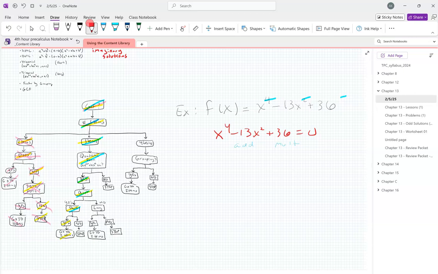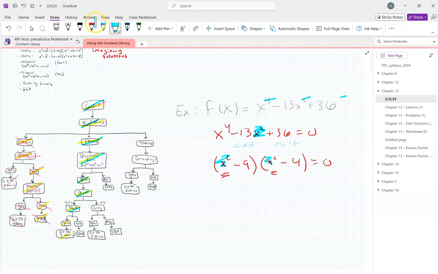Good, -9 and -4. Great. So I know that it's going to look like this, but what goes here? It's not x, it's x squared. Did you guys see that? Whatever the degree of this term is going to be the degree here, right?